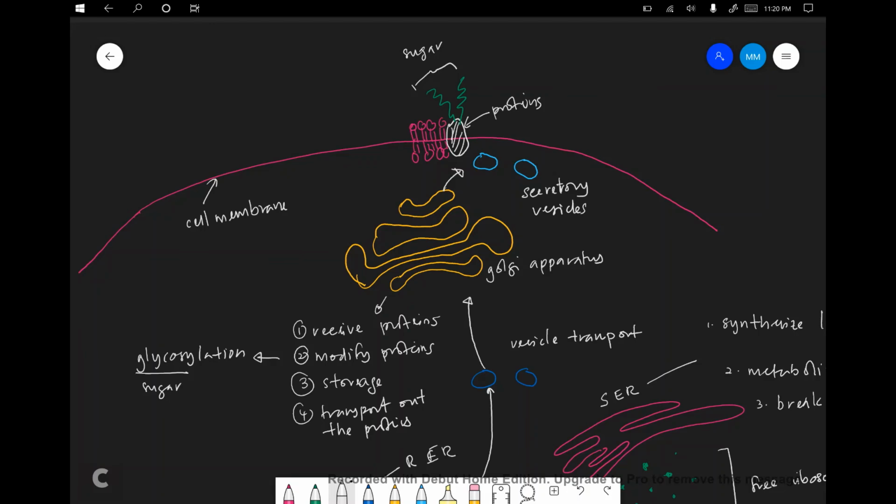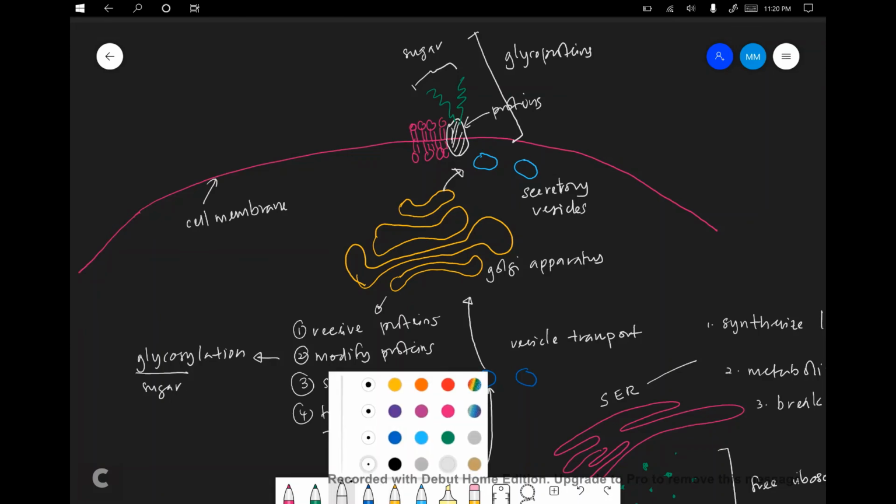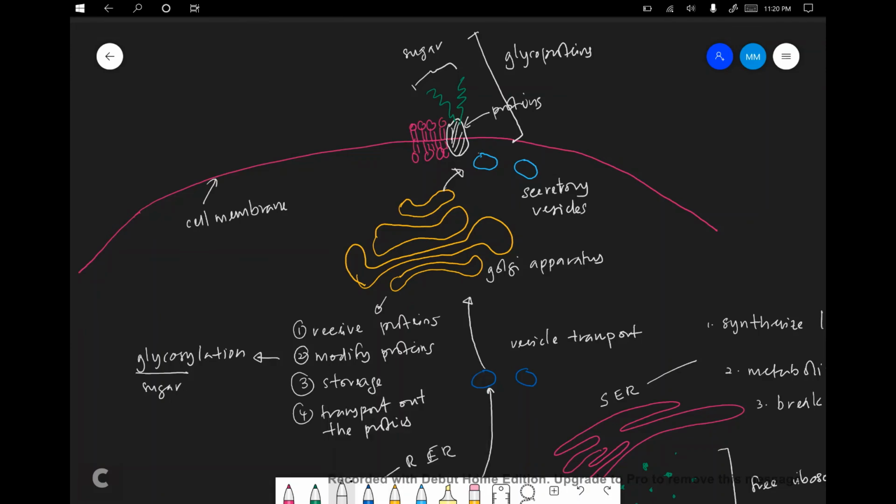Which now gives a new name for this protein. We call that glycoprotein. The whole lot, we call glycoproteins. Means our secretory vesicles bring the protein to the cell membrane.